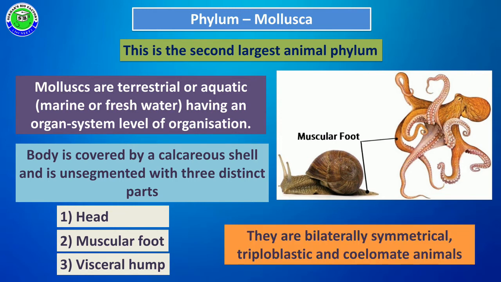These members show bilateral symmetry. With bilateral symmetry, the organism can be divided into two equal halves by one plane which passes through the central axis. These members belong to triploblastic animals, so all their body parts develop from three germ layers.